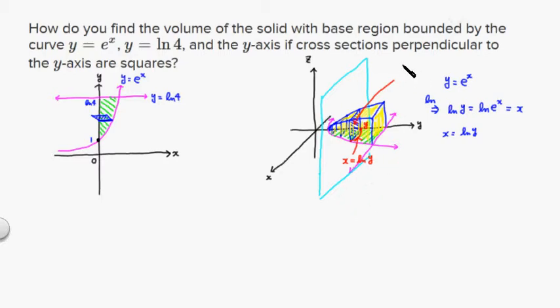So the cross-sectional area A, in terms of y, can be expressed as natural log of y, squared. Then remember that if you want to find the volume and you know the area of the cross sections, all you have to do is integrate the cross-sectional area.